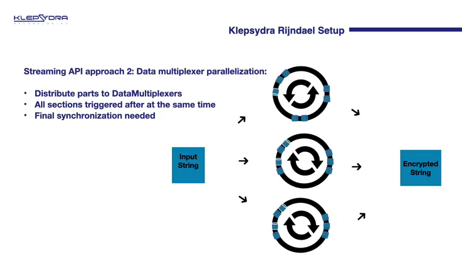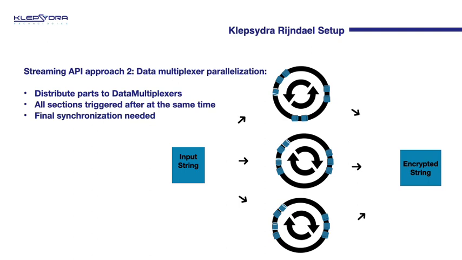There is, however, another approach, which is oriented to another type of optimization, which is using our data multiplexer parallelization. So the SDK, as you know from other presentations, has the event loop, as we just presented, and also the data multiplexer, which consists of processing the same piece of data in parallel by multiple consumers. In this case, what we are doing is passing the full string to the data multiplexer, and each consumer will process one block.